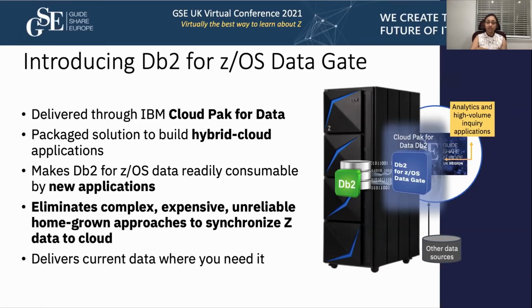This is one of the areas that Datagate's core value prop is rooted, making it easy for new applications on the cloud to access mainframe data on Db2Z without impacting any of the existing mainframe applications or any other applications that already access data on Z.